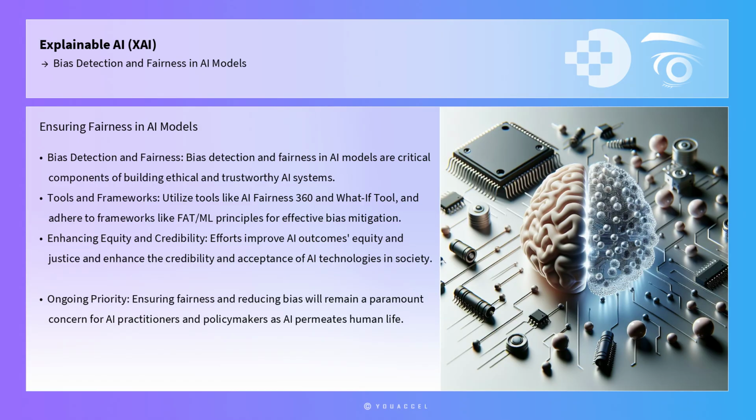These efforts not only improve the equity and justice of AI outcomes, but also enhance the credibility and acceptance of AI technologies in society. As AI continues to permeate various aspects of human life, ensuring fairness and reducing bias in AI models will remain a paramount concern for AI practitioners and policymakers alike.